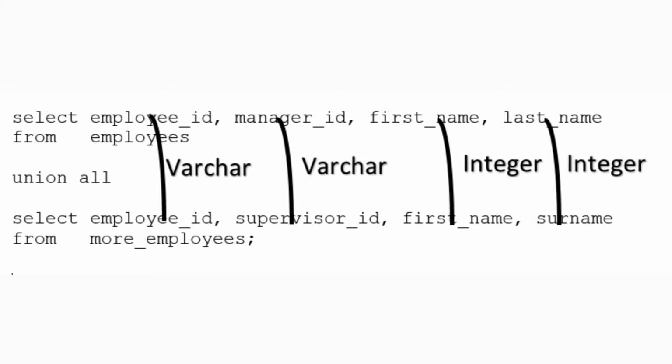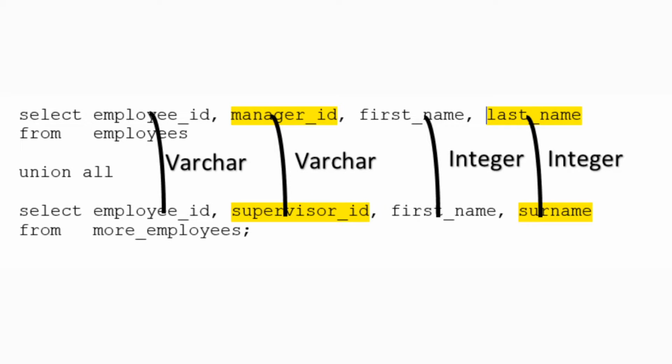Next, the corresponding columns must match with respect to their data type. No globs, blobs, or other garbage in here. We've got to use varchars, integers, binaries, whatever, but they have to be the same with respect to their ordinal position. In our case, both our first columns are varchars, second columns are varchars, thirds are integers, and the last are integers, so again, we should be fine.